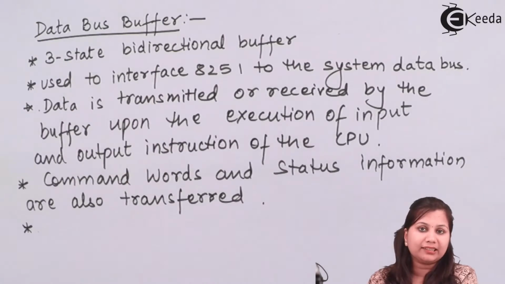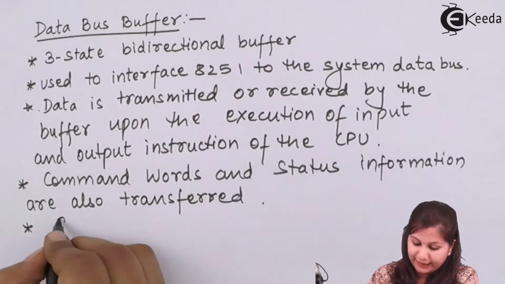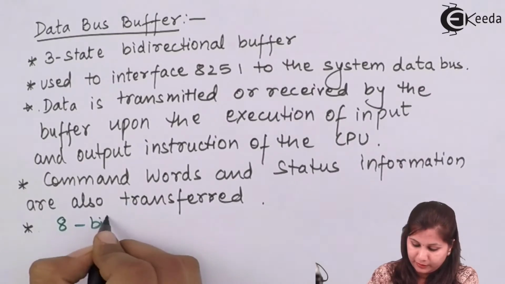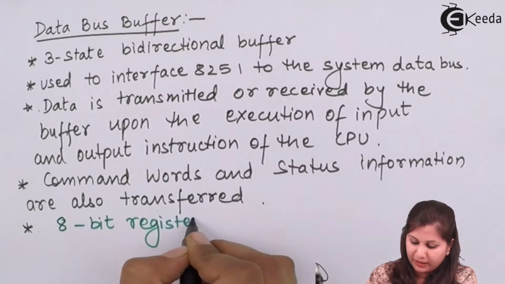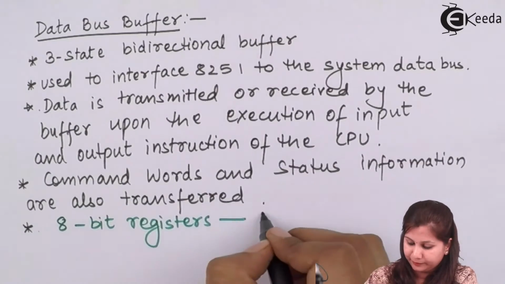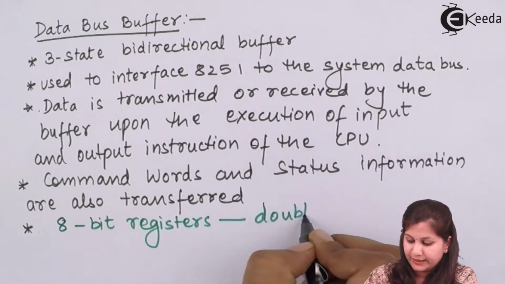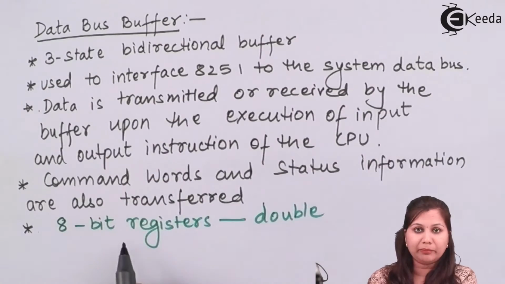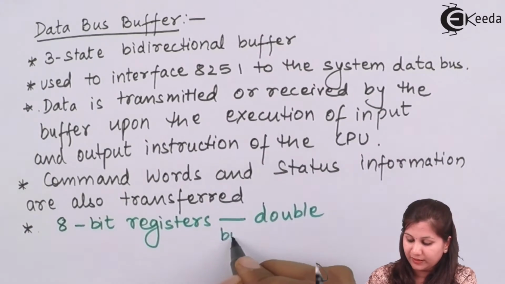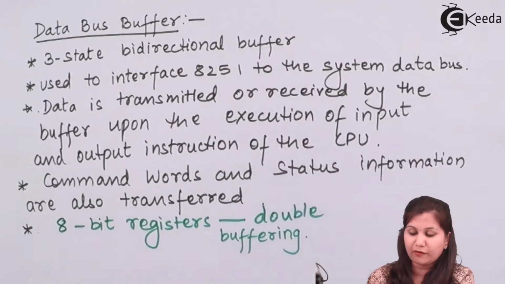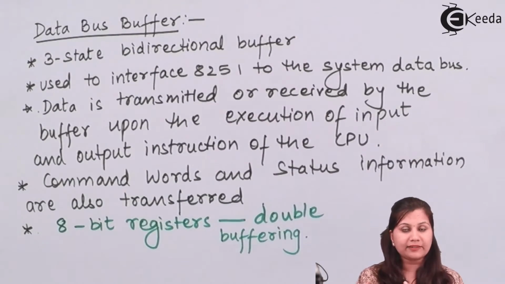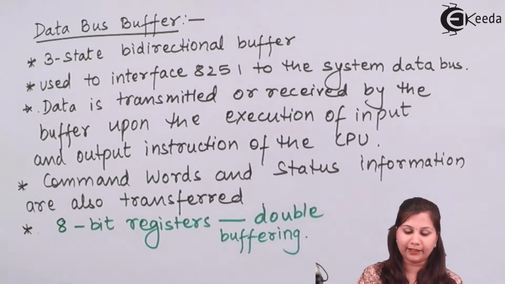So we can say that the data bus buffer is an 8-bit register which is providing us the double buffering, meaning it is working in both directions. It is receiving also, and it is sending also.